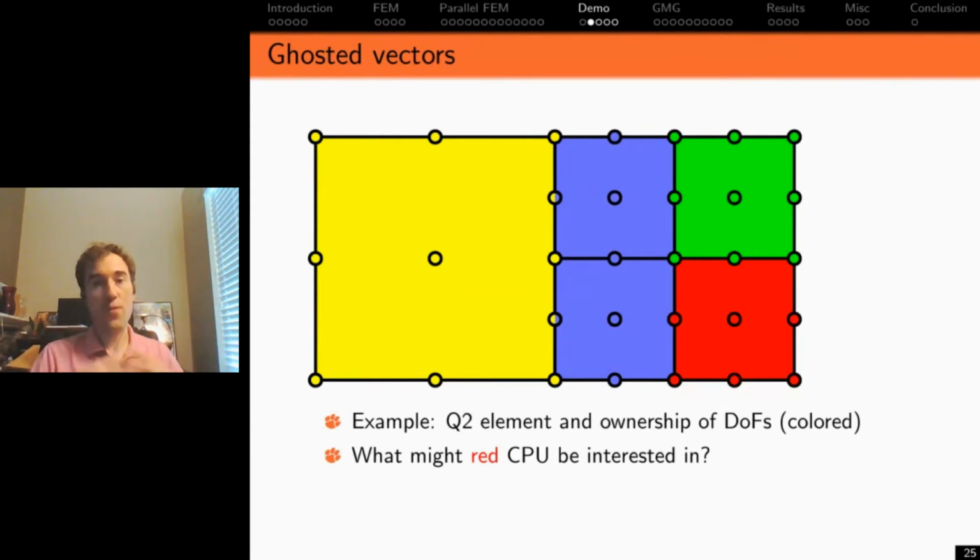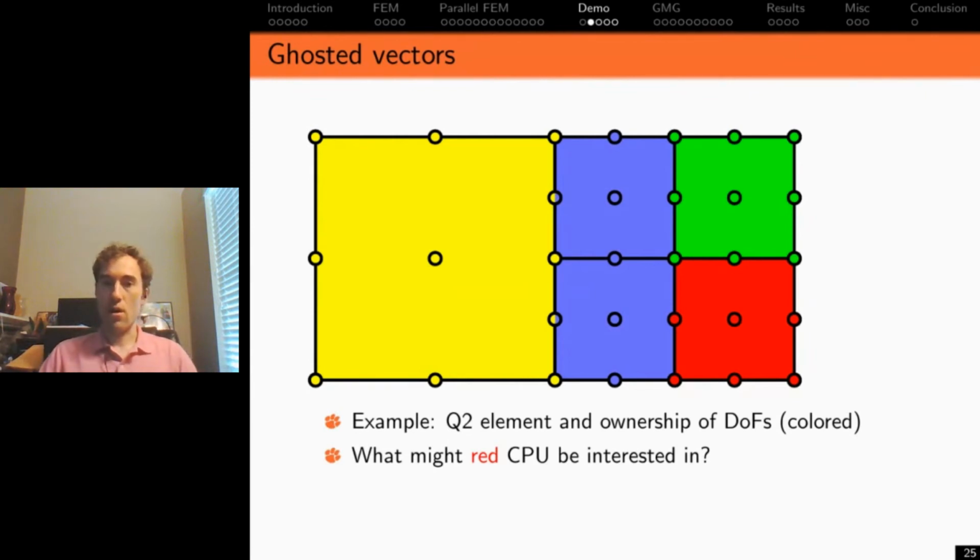So red obviously needs to know about those, but the question is, what is red interested in? And the obvious thing is, red is not interested in an unknown on the very left over here from the yellow cell, right? We might not even know what's going on over there. We might not even know the yellow cell and how refined it is and what quadrants are in there, et cetera.